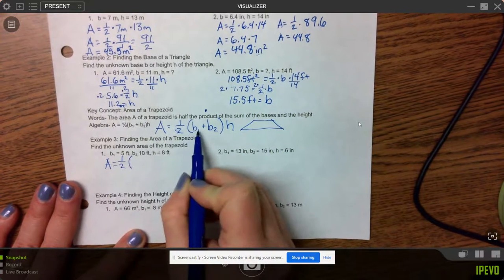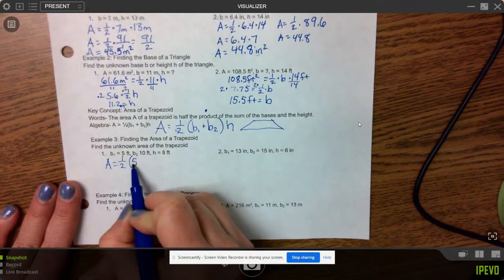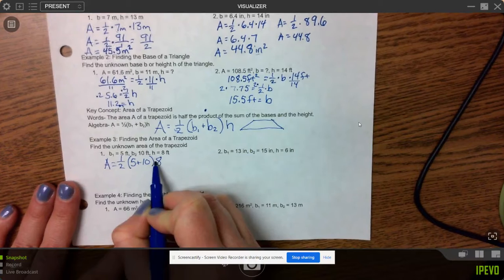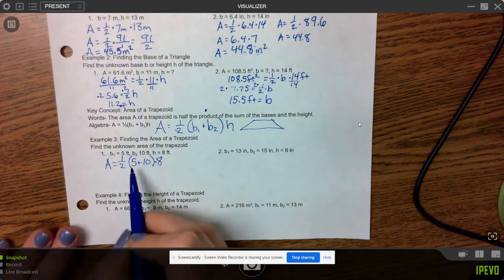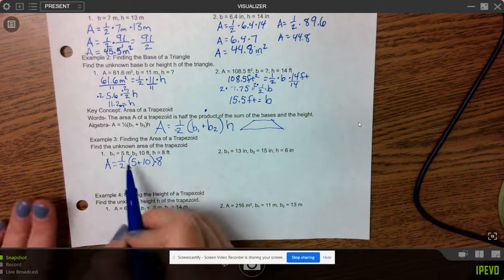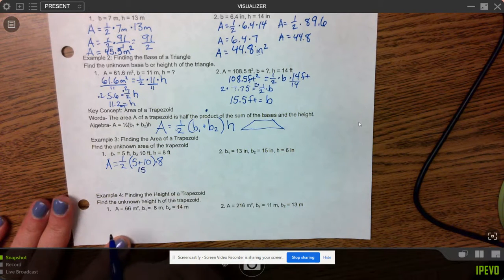But now, instead of just having one base, I have to add my 2 bases together. And then I can multiply it by the 8, by our height. So I need parentheses first. Remember in PEMDAS, we always do parentheses first. So my parentheses, 5 plus 10 is 15.